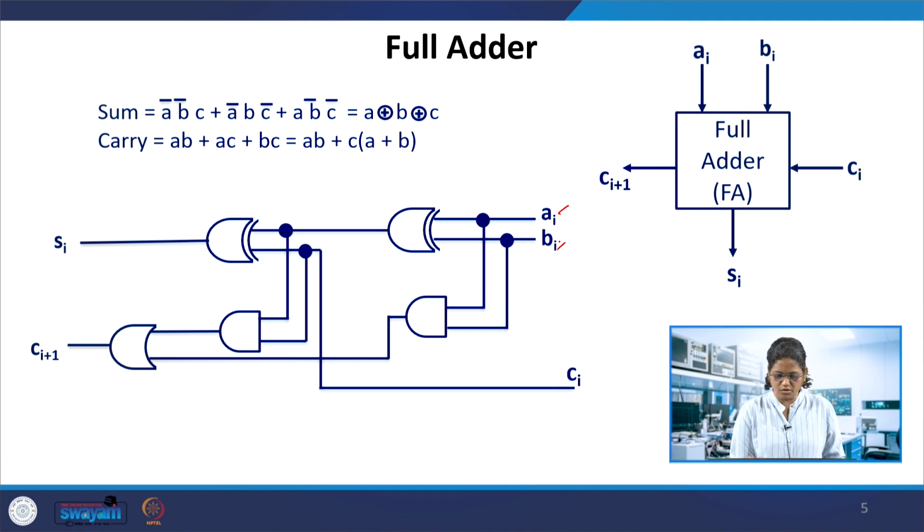The ith stage is shown; in an n-bit adder you can have multiple such units. So this is one full adder structure in which you have the XOR operation of A and B, and that is XORed with C, the carry in, and you get the sum. For the carry generated here, you can use 3 AND gates and then 1 OR gate, that means AB, AC and BC.